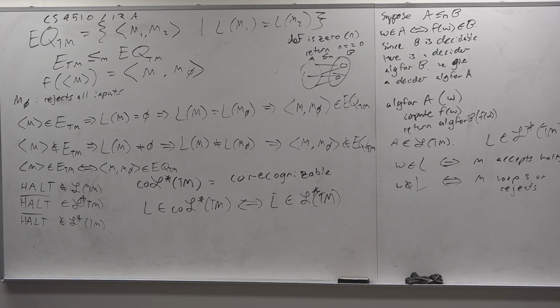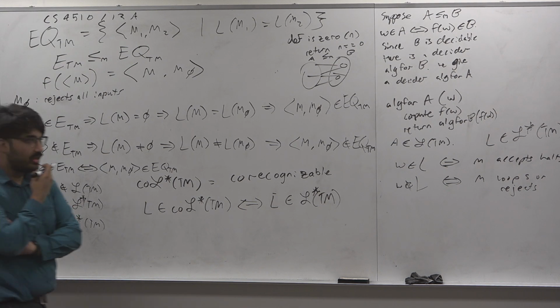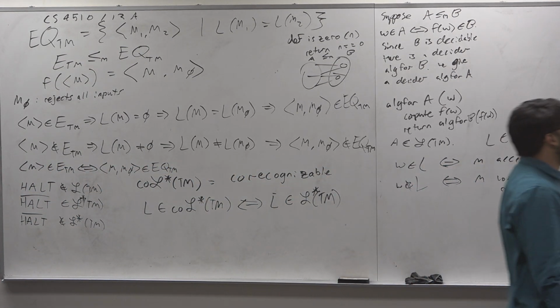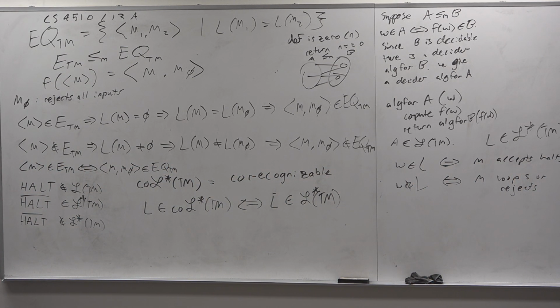This is actually a very complex thing, but I'll tell you that it is the case that ETM complement is in fact recognizable, but ETM is co-recognizable. Why is that the case? I claim that, so for example, if ATM is, you can determine if a machine accepts a word by just running the machine on the word and waiting for it to accept.